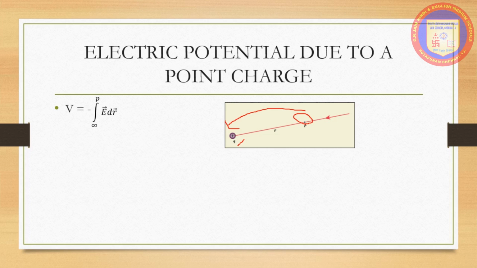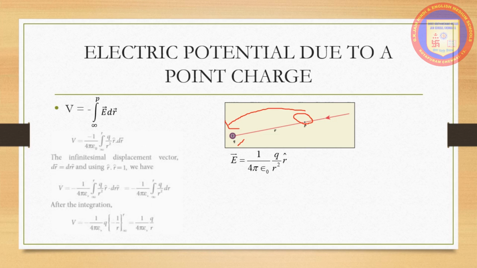If we substitute the E value, equal to 1 by 4 pi epsilon naught Q by r square into r vector, V is equal to minus 1 by 4 pi epsilon naught, which is a constant, and the remaining will be in the integral infinity to r Q by r square r vector dot dr vector.